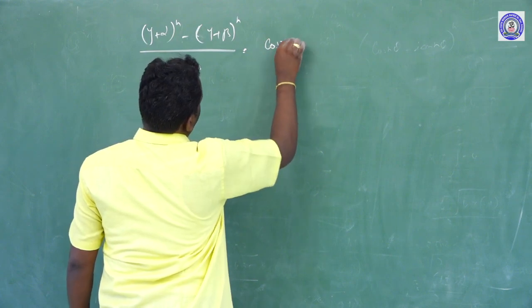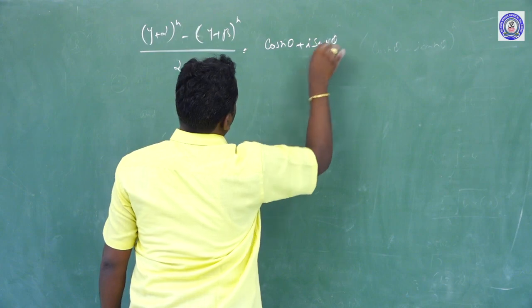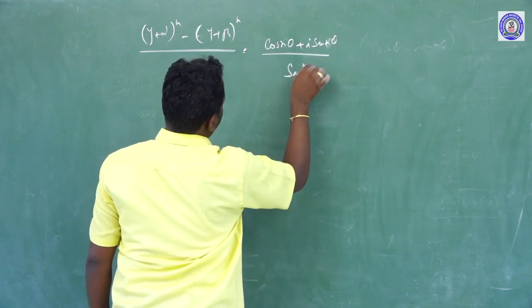So (y plus alpha) whole power n is (cos n theta plus i sin n theta) by sin power n theta.